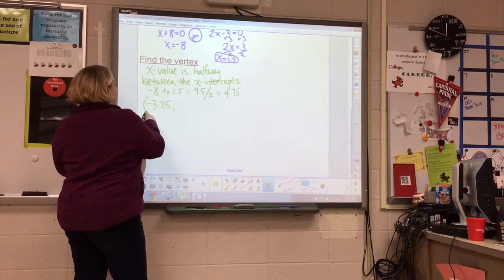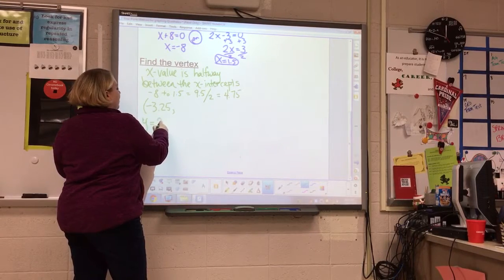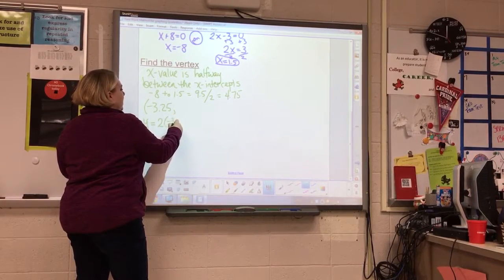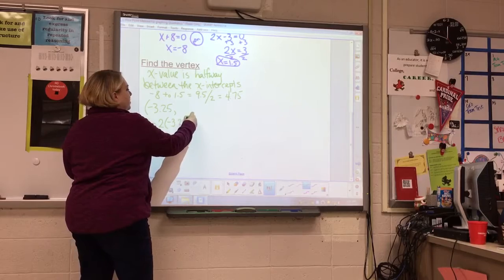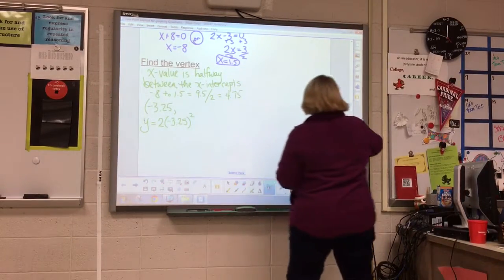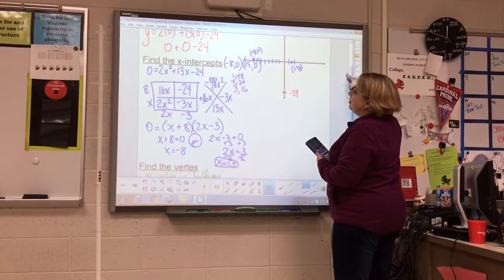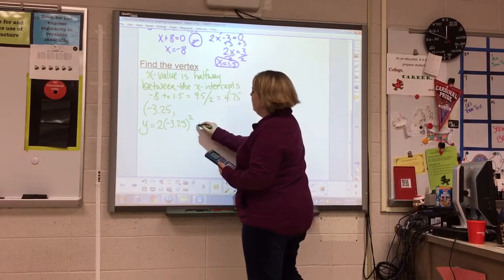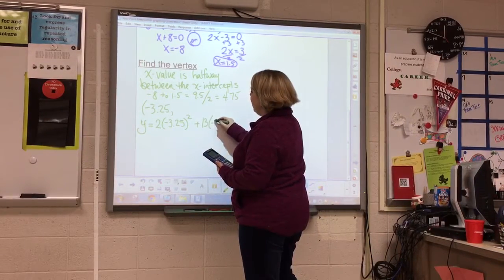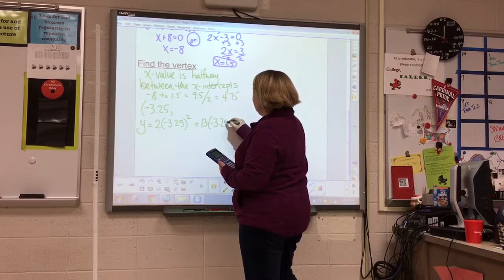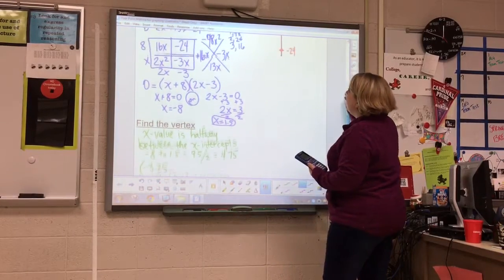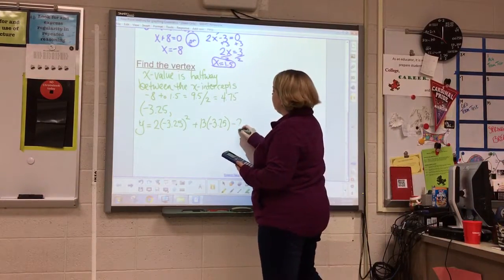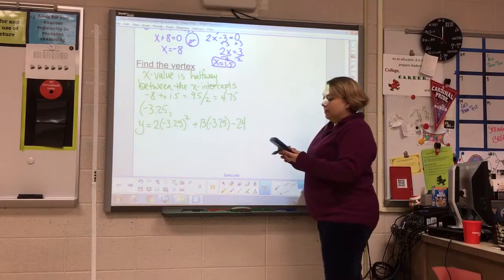Okay, so to find my y, I am going to do 2 times negative 3.25 squared, plus 13 times negative 3.25, and then minus 24. Okay, I'm going to do this one in my calculator.